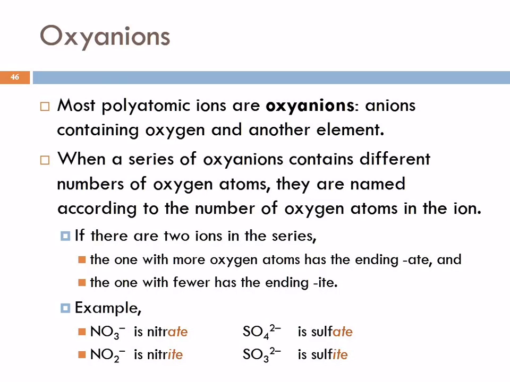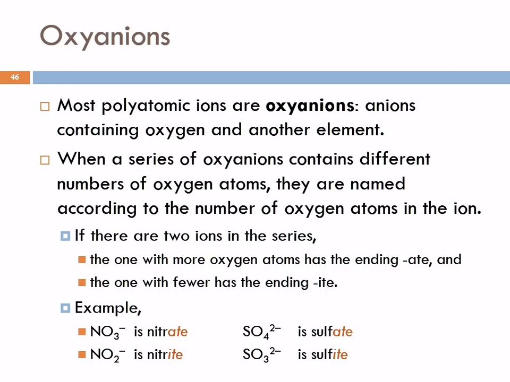So my best guess is that I know that with sulfate and sulfite, there's only 2. There isn't one that has 5 oxygens. There isn't one that has 2 oxygens. And so we've got the ate and the ite.